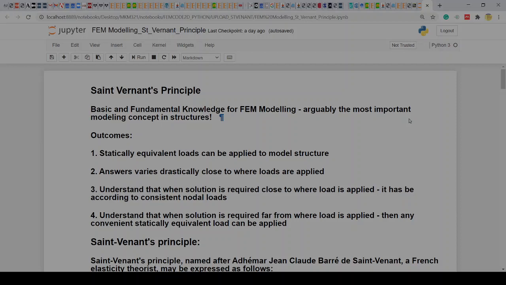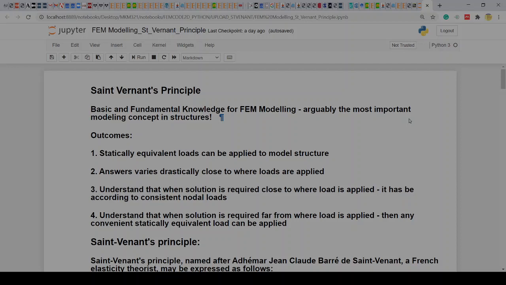If, however, we're interested in the answer far away from where the loading is being applied, then we can have any statically equivalent load replace the loading that it's supposed to be.